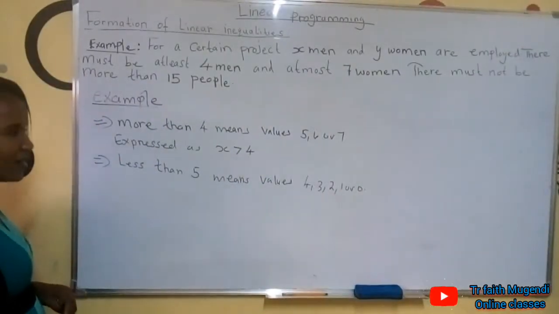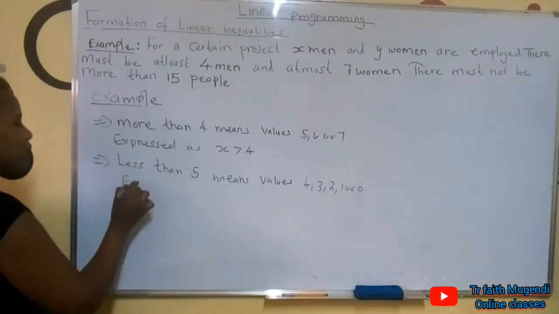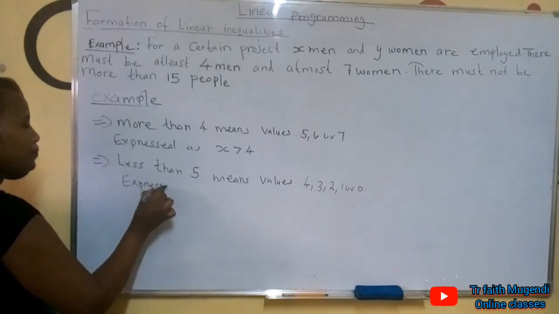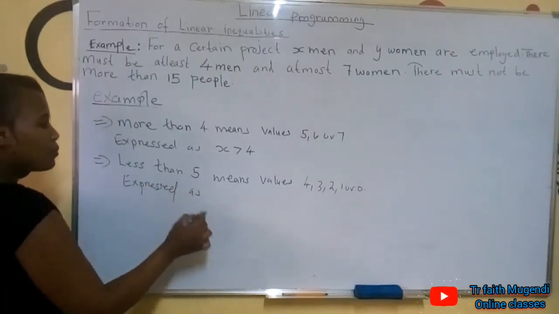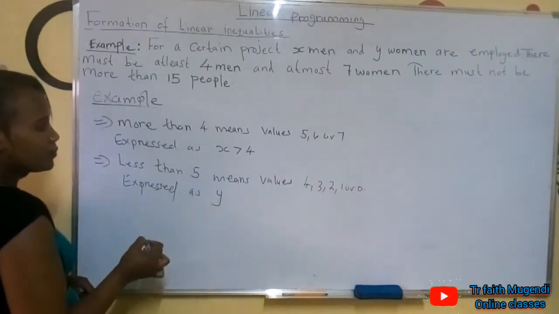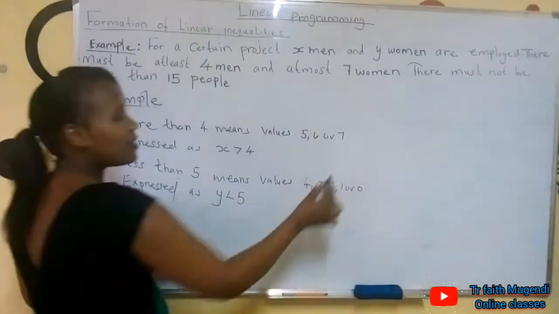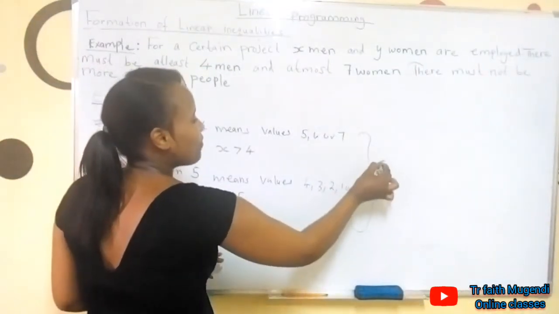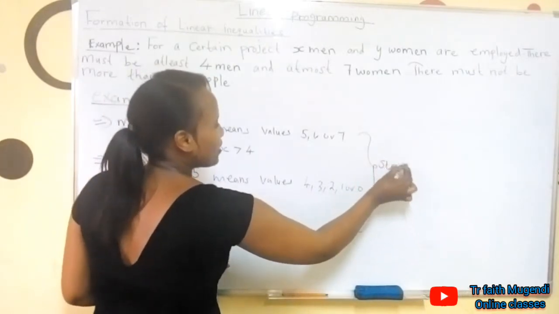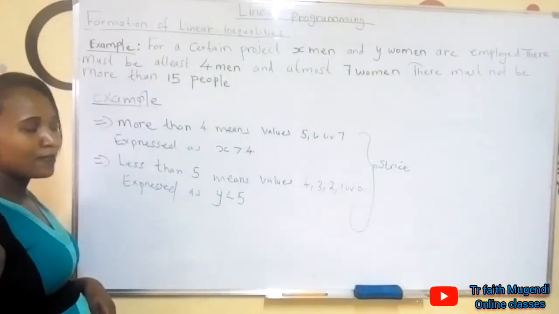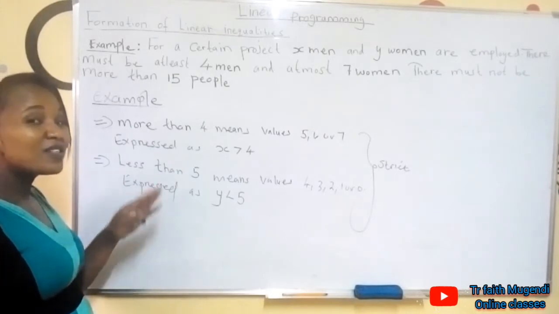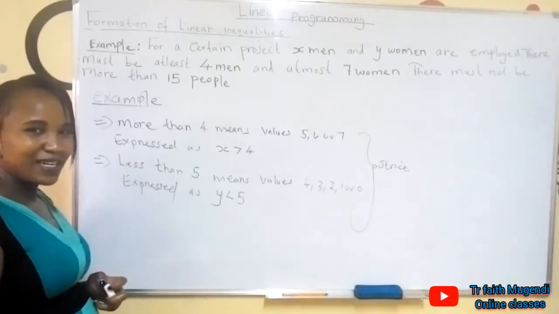Less than. And it can be expressed as probably Y is less than 5. Again, these statements are very strict. That is golden tip number 3.